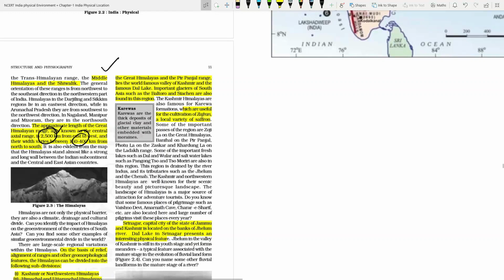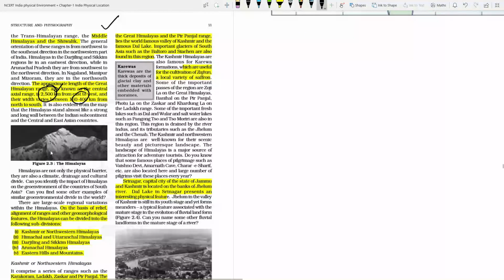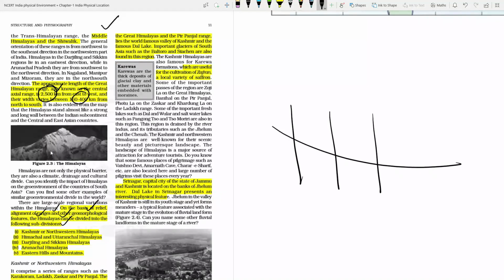So on the basis of the relief, alignment of ranges and geomorphological features, the Himalayas can be divided into subdivisions. If we try to divide the Himalayas on a vertical basis, then it can be categorized into the Kashmir Himalayas.